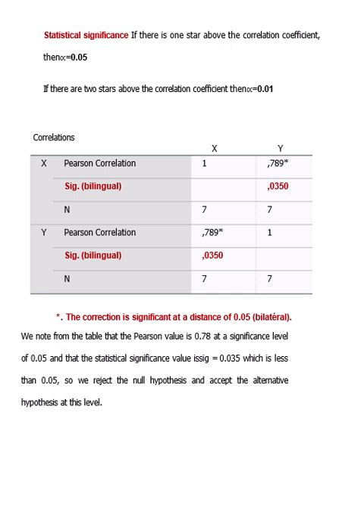If there are 2 stars above the correlation coefficient, then the significance level equals 0.01. We note from the table that the Pearson value is 0.78 at a significance level of 0.05 and that the Sig value equals 0.035, which is less than 0.05, so we reject the null hypothesis and accept the alternative hypothesis at this level.